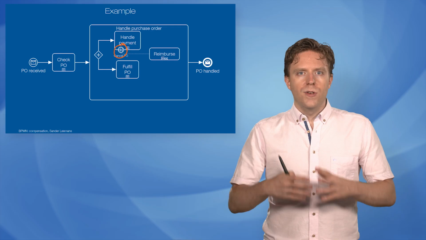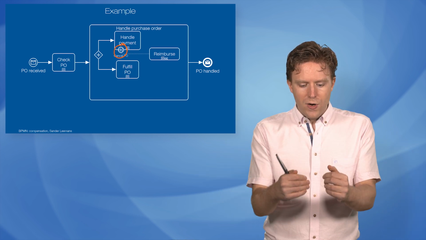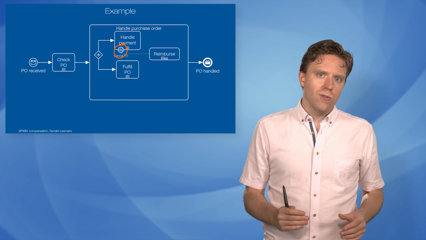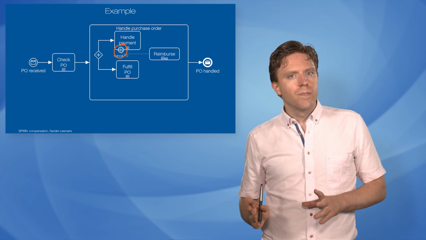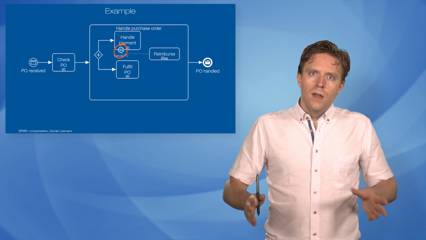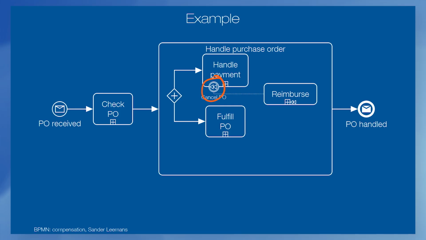So this means that if we throw cancel purchase order and the payment was already handled, then we will reimburse. If the payment had not happened yet, wasn't complete yet, then even though this compensation event will be thrown and caught, the reimbursement will not happen. So that's kind of magic.